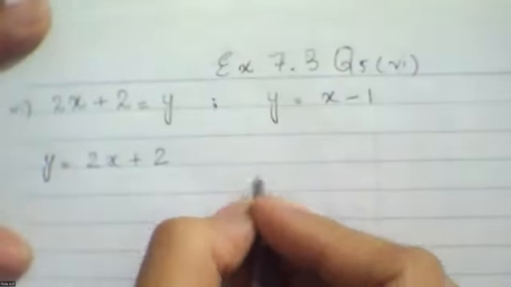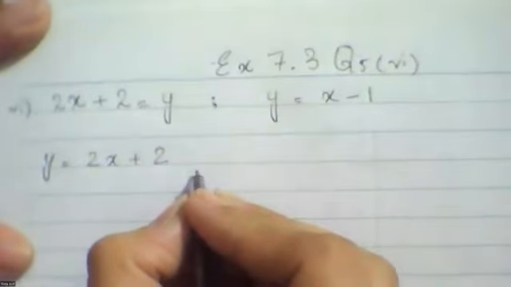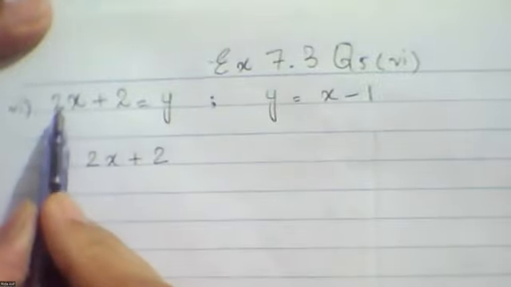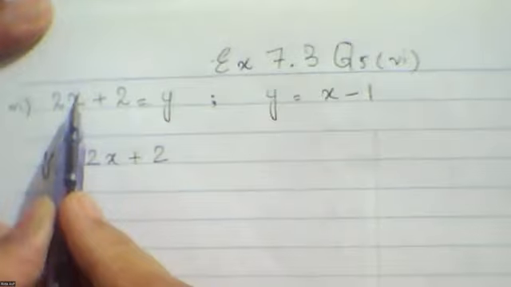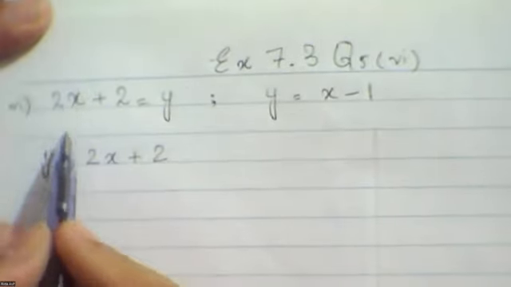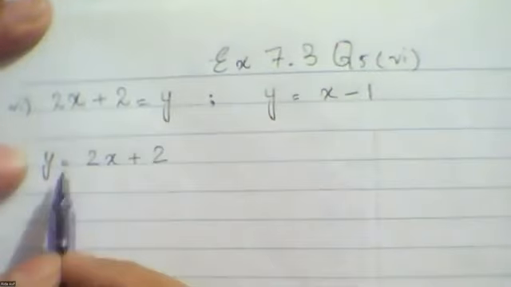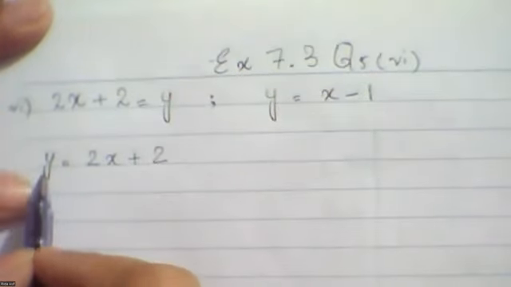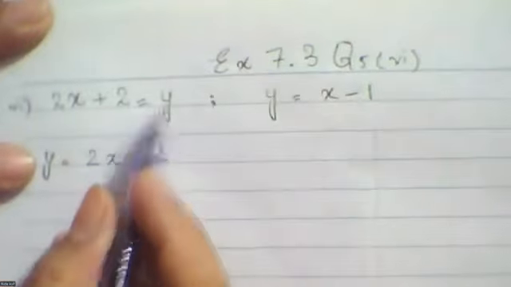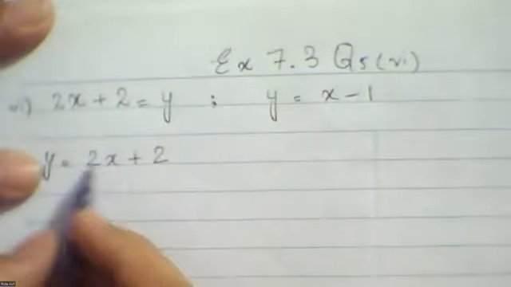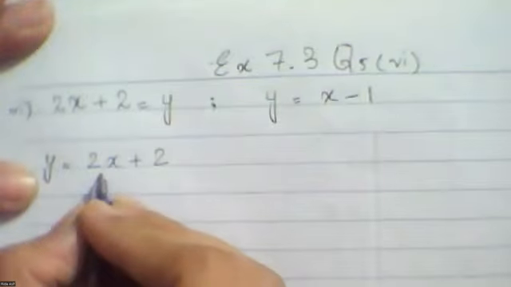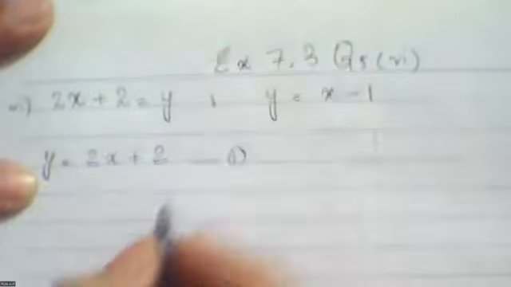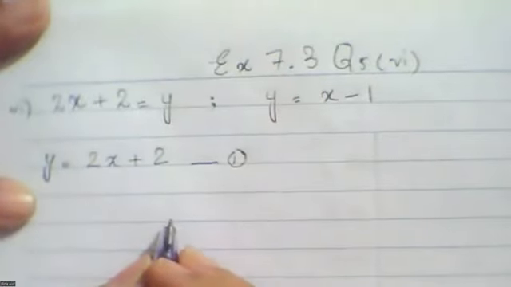So this is a very easy question. There's no need to separate 2 from x, because it's very easy to solve in this way, since y is already written separately. So we get the equation y equals 2x plus 2. This is our equation 1. All right.